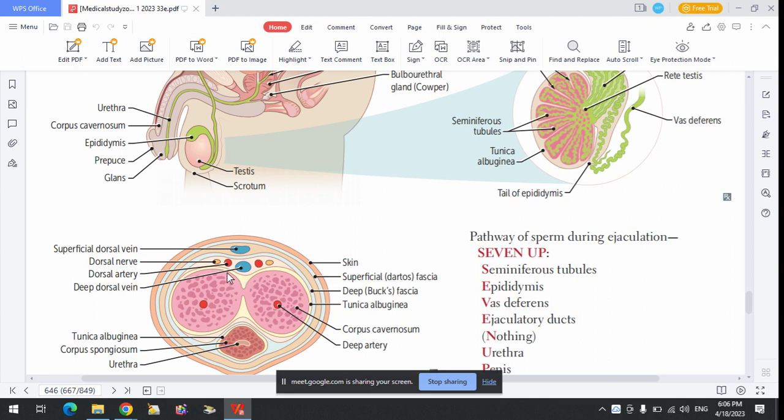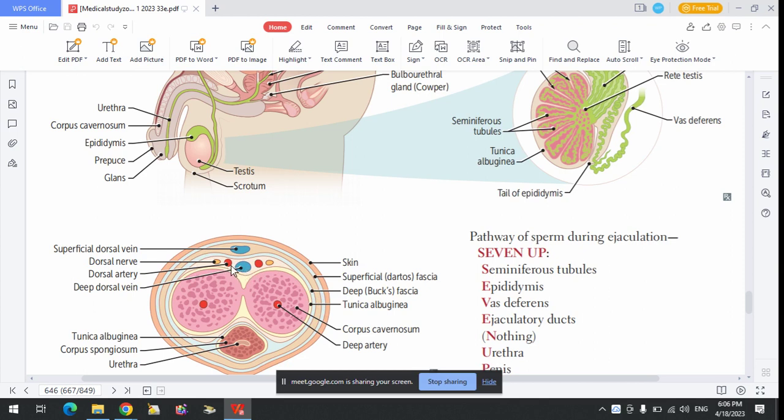So you can see that the erectile bodies are surrounded by a tissue that we call the tunica albuginea. Then directly external to it is the bulk fascia. It is important to appreciate that the bulk fascia surrounds the dorsal nerve, the dorsal artery, and especially the deep dorsal vein.